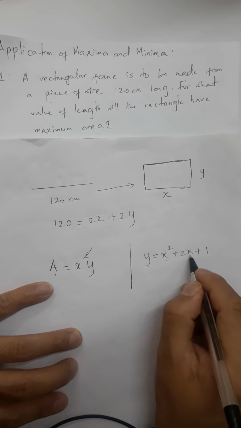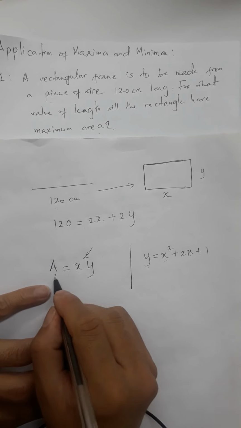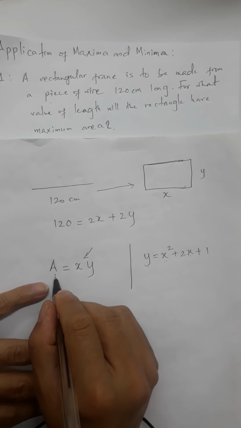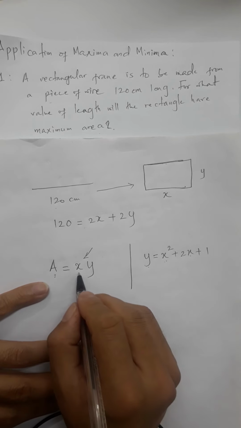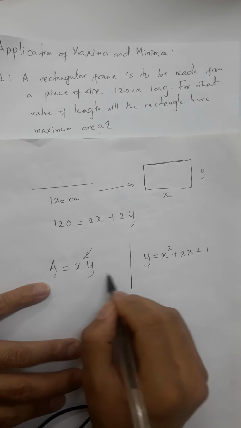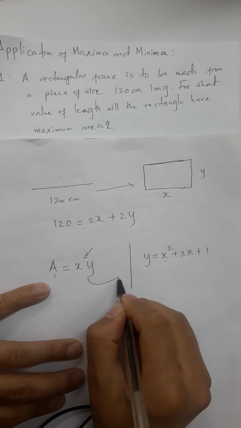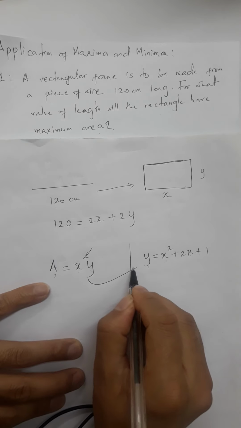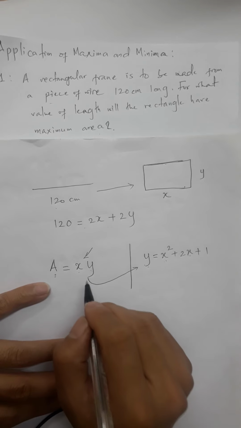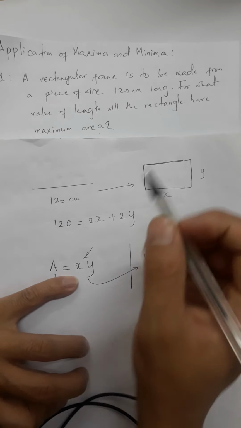So you just have one variable, whereas here the function A, the area, is being expressed in terms of two variables, x and y. So we need to convert this equation to something of this sort, where we have just one variable.